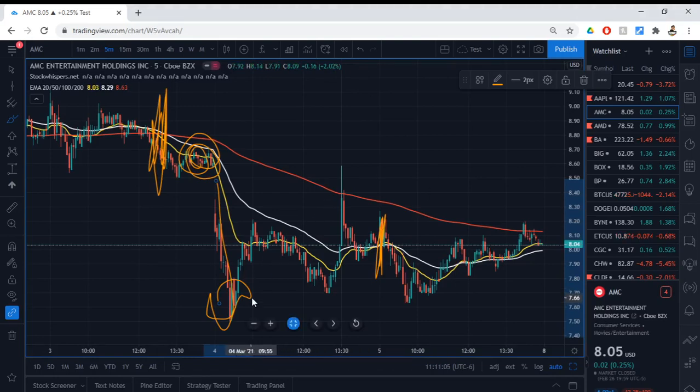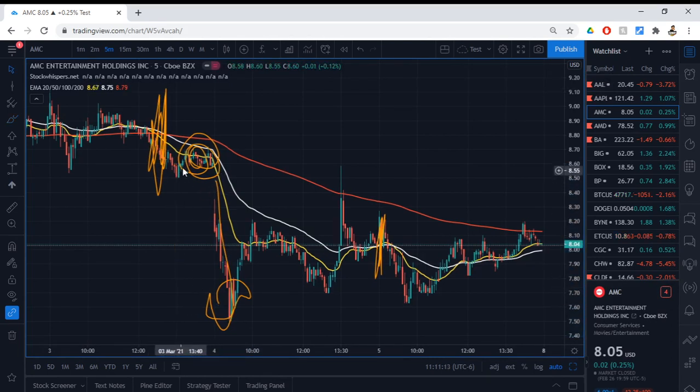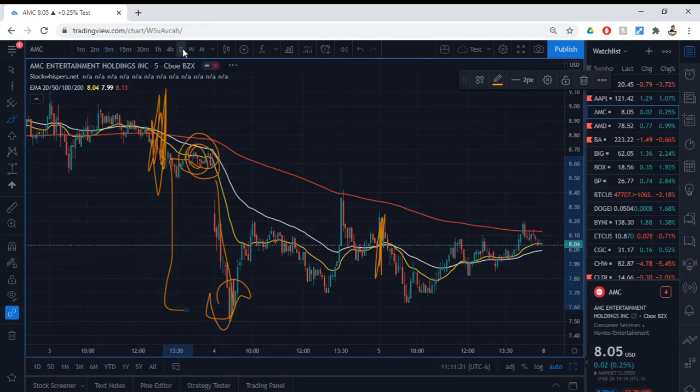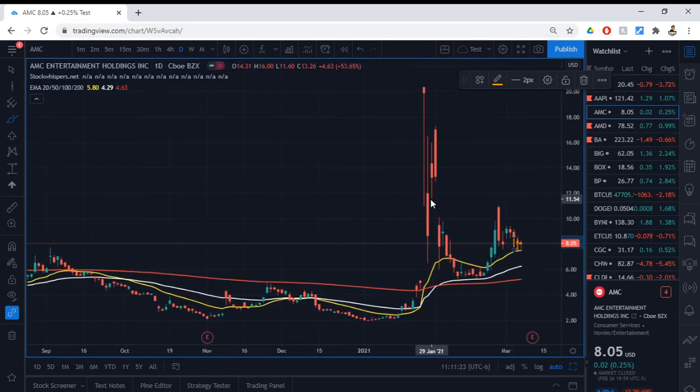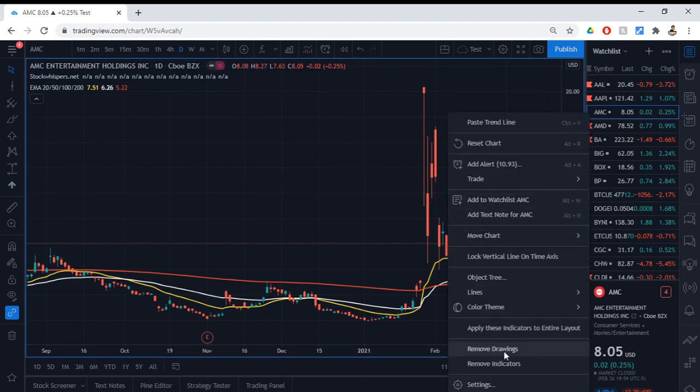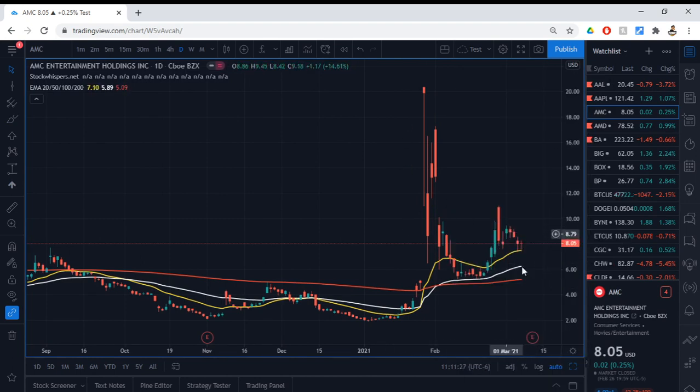There's no problem with this trade, right? You made money from here to here. There's no problem with trading the counter trend. But if you go from here to here and then to the daily, you're trading against the trend on the daily chart.